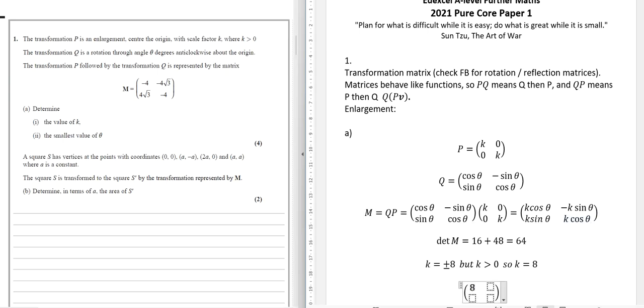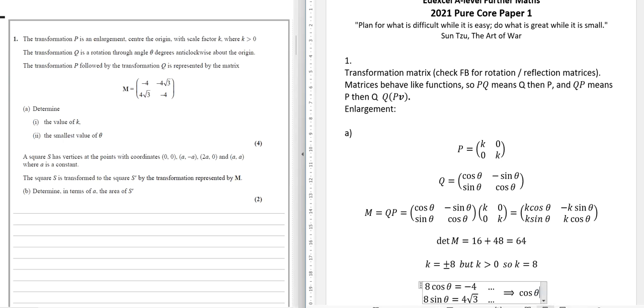Now I know that 8 cos theta is actually equal to minus 4. I'm not going to treat this as a matrix anymore. I'm going to treat it as a bunch of related equations. 4 root 3 is equal to 8 sine theta, and the corresponding results I can just confirm for myself: minus 8 sine theta gives minus 4 root 3 and 8 cos theta is minus 4, so that's consistent at least.